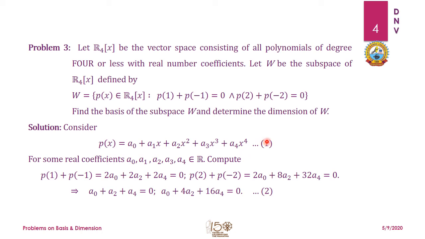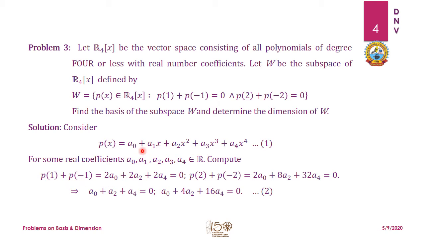Let us denote this by equation number 1, and these are all real constants. We now compute the expression according to the conditions given in the set defined by W. So if I write x equal to 1, I get a0 plus a1, a2, a3 and a4.